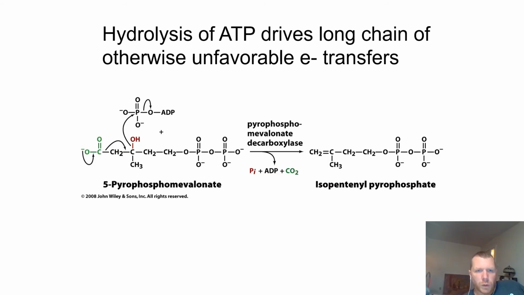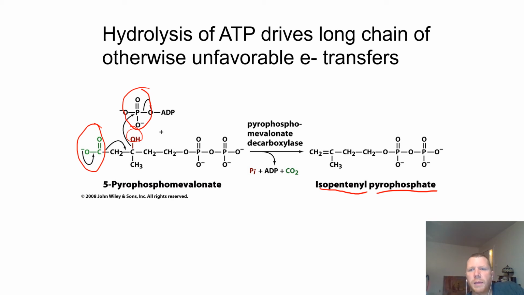As displayed, we've got our ADP molecule right here with our third phosphate group indicated right here. What we're going to do is transfer some of these electrons so that we can break this phosphate group, take this hydroxide group off of our 5-pyrophosphomevalonate so that we can then decarboxylate and remove this CO2 from that 5-pyrophosphomevalonate in order to make isopentenyl pyrophosphate.